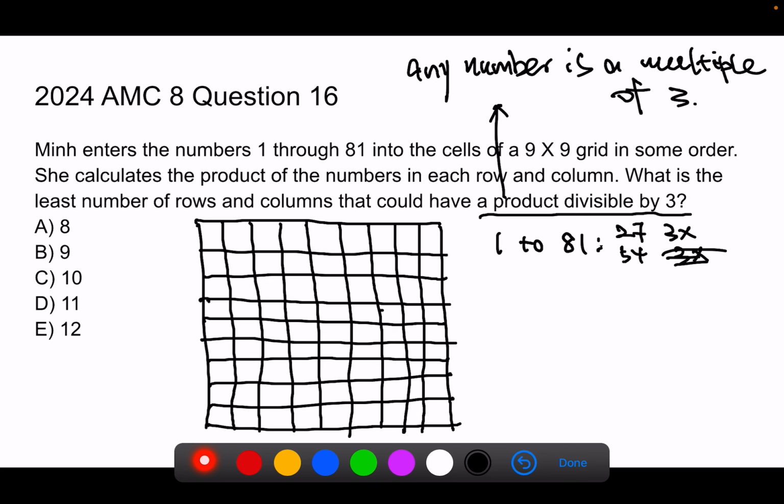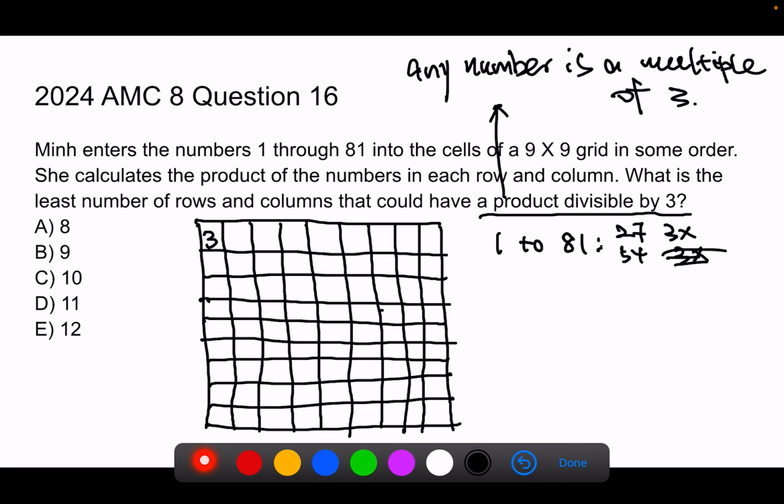Instead, you need to play it forward, meaning you try to play this as a game and ask, how do I handle this? Let's start with putting one multiple of 3 somewhere on the board. To make it easy, I'll just write 3 here, because all of them are multiples of 3.